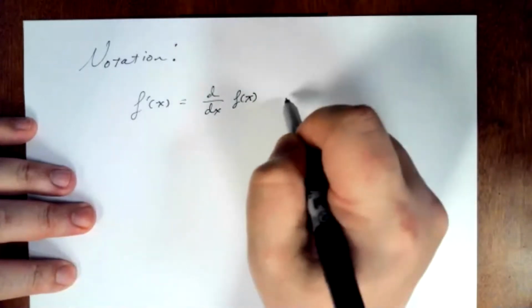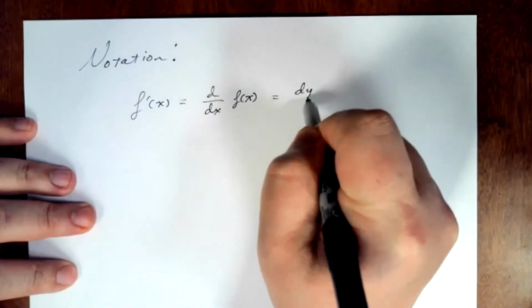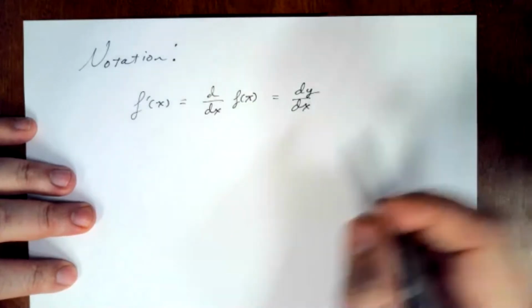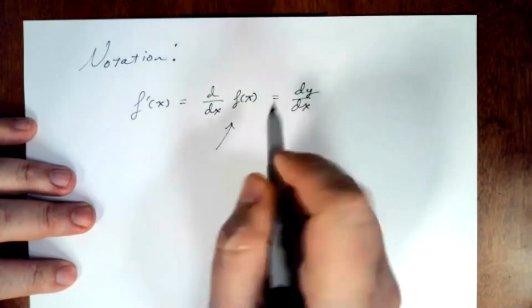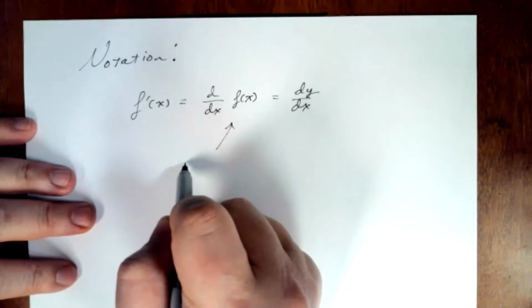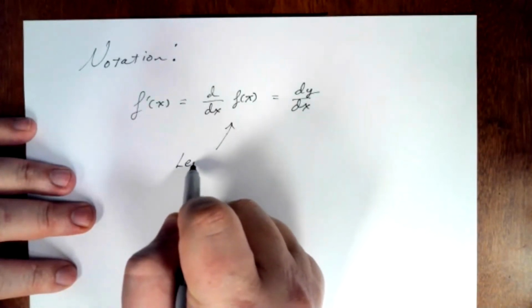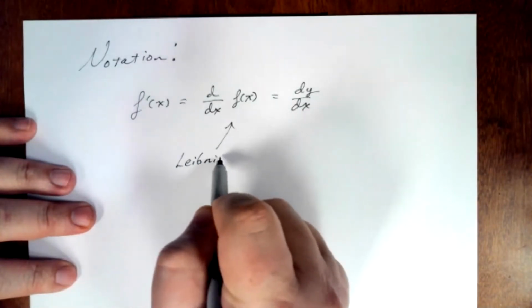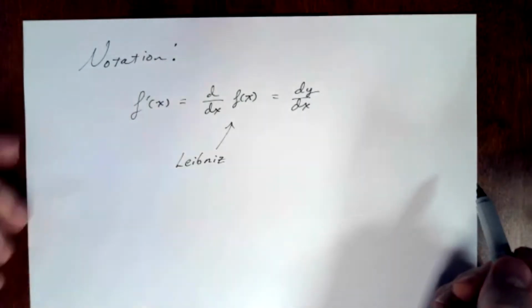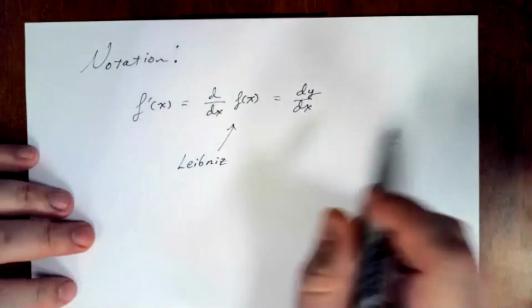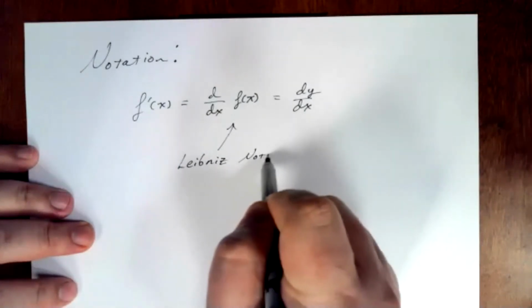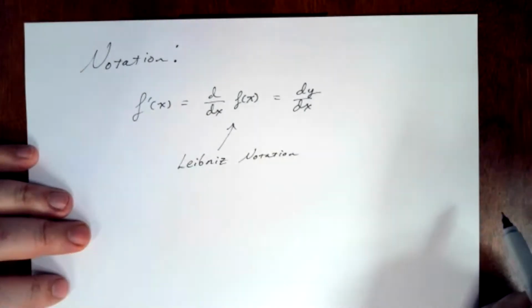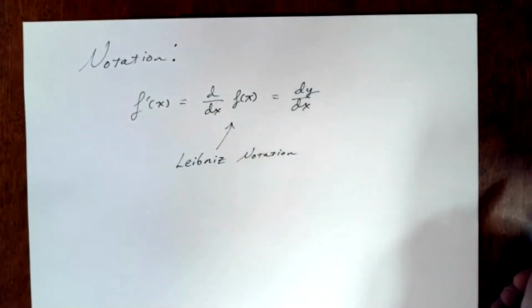Now sometimes you'll see it written as dy dx. Now the language is important. First of all, this is what is called Leibniz notation, or Leibniz notation, depending on how much German you know. Leibniz notation is very, very useful, especially when we get into higher forms of calculus.